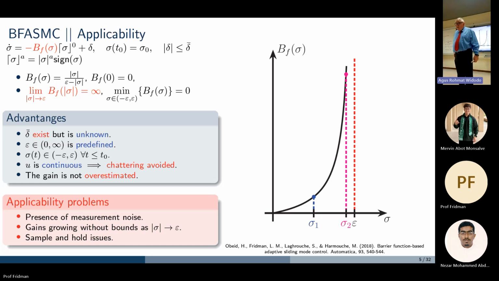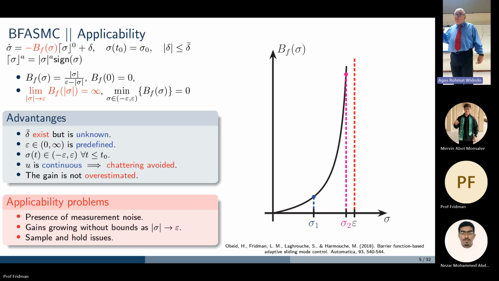If your perturbation is bounded, there are two things. First of all, your control is bounded, and second, you will be in a set smaller than the barrier.